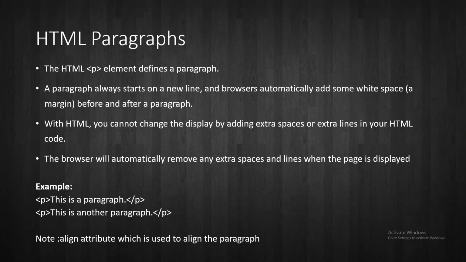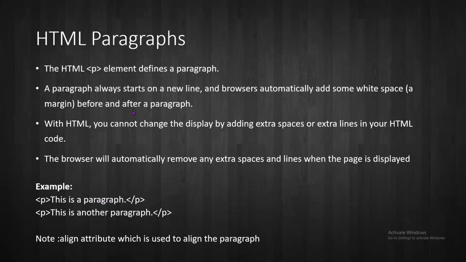The browser will automatically remove extra spaces and lines when the page is displayed. And how to write an HTML paragraph tag? It starts with the p tag, then whatever content you want to give, and /p ends it. In this paragraph, one common attribute is the align attribute, which aligns your paragraph.